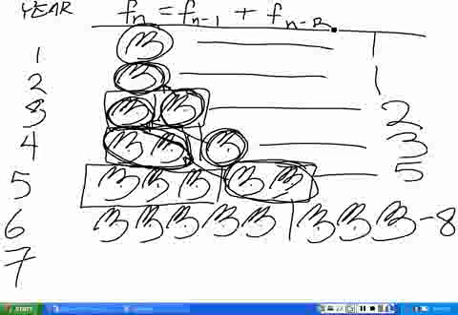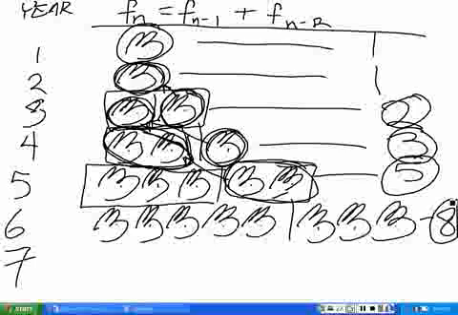It's going to be the total number of bunnies from 2 years ago, because all of those bunnies are going to be mature in the previous year to year n. So using this formula, notice that 2 is 1 plus 1, 3 is 1 plus 2, 5 is 2 plus 3, 8 is 5 plus 3, and for the next amount of bunnies in year 7, I'm going to get 13 from 8 plus 5.